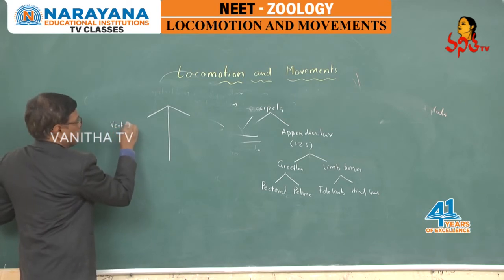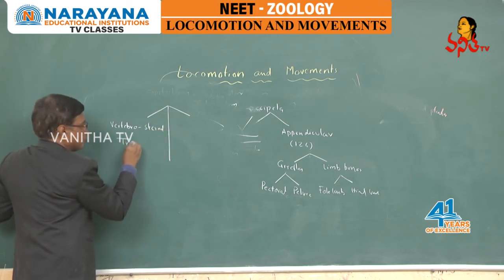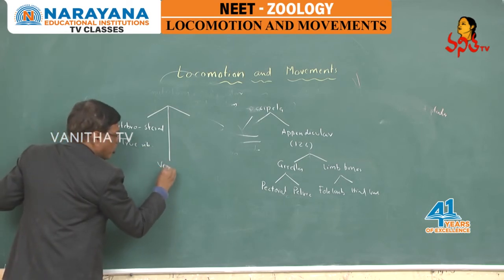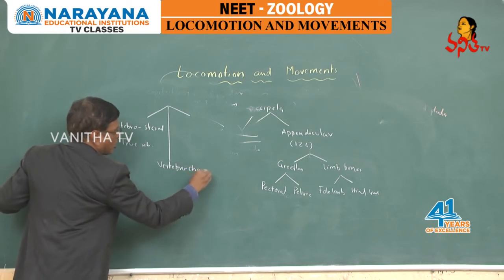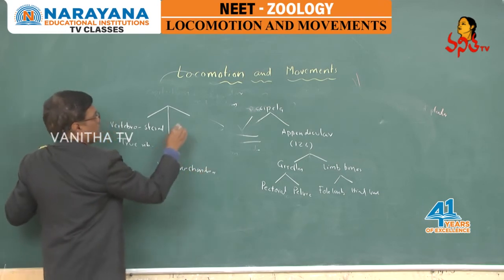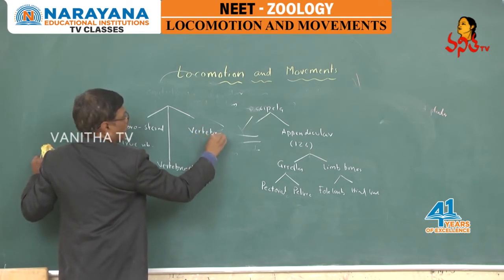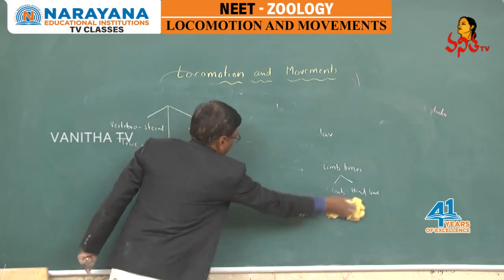Vertebrosternal ribs, they are the only true ribs. Then vertebrochondral ribs. Then vertebral ribs. Here, what are vertebrosternal ribs?